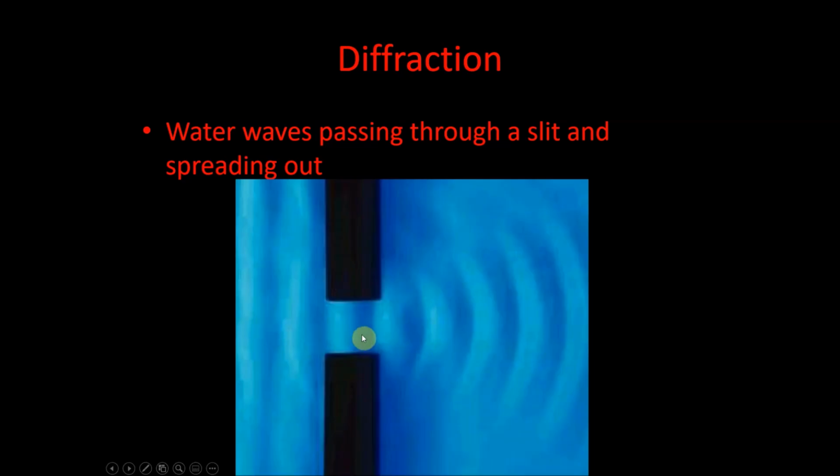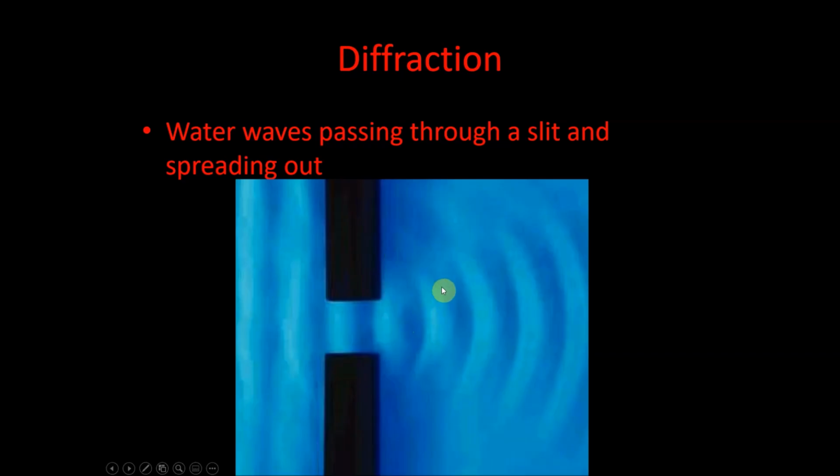So here our wave comes in, hits this obstruction. Only part of the wave is now allowed through, as the rest has been blocked by this bar. This wave moves through, and as you can see, it now continues to propagate the other side of the obstruction. However, on the other side of the obstruction, it's now no longer one long line, as this particular disruption in the medium was, but now it's circular.